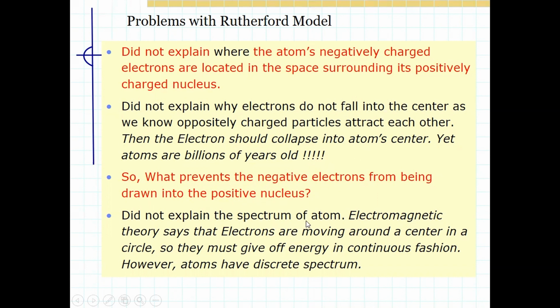And there is no explanation of the spectrum of atom, the discrete spectrums that are there. The electromagnetic theory says electrons that are moving around, when they are revolving around a center, they are moving in a circular path, they must give off energy, and then they will continuously fall, and they will destroy the atom. Atoms have been shown to have the discrete spectrums when they are heated.